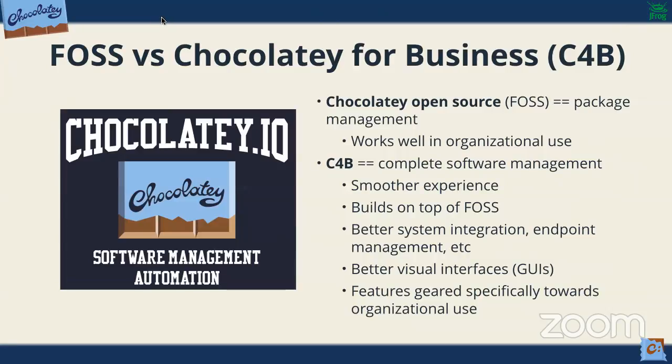A lot better system integration. We're adding endpoint management as well. We'll also have more visual interfaces for folks that are geared towards those types of ways of working with tools, and also features that are geared specifically towards organizations. Now, some of those features you could probably build on the open source side. A lot of them you cannot. We focused really heavily on areas and integration hook points into Chocolatey that you just can't do on the open source side.